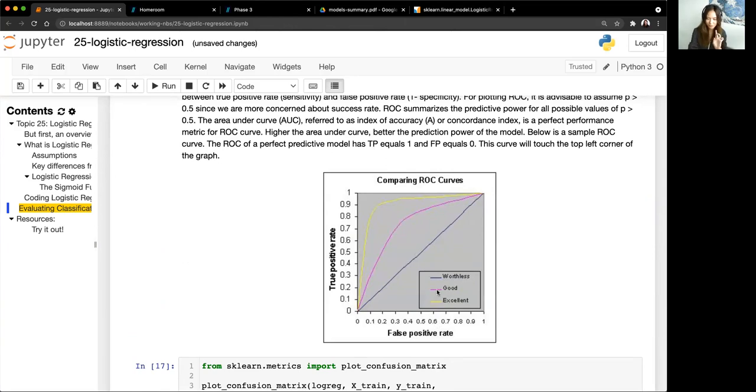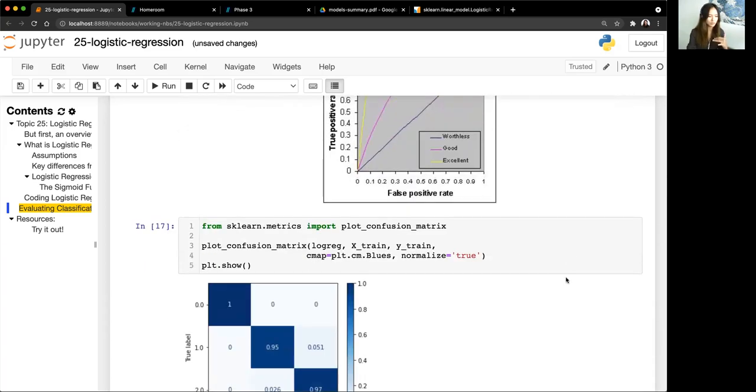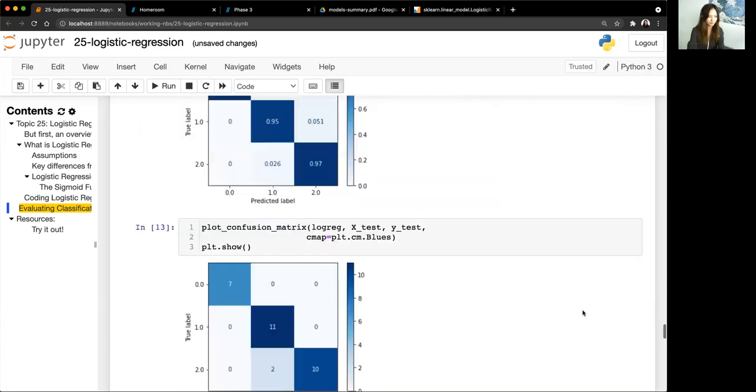Again, we're dealing with this positive negative scenario. So when we have 3 classes, we actually have to plot 3 curves because we want to see the true versus false positive rate of each class. So if you wanted to plot an ROC curve for a 3 or more class problem, you'll have to do a little bit of pre-processing before plotting the curve.